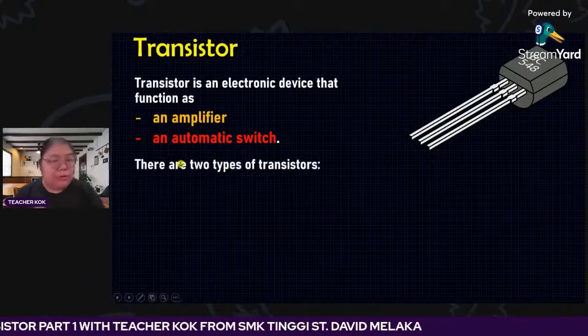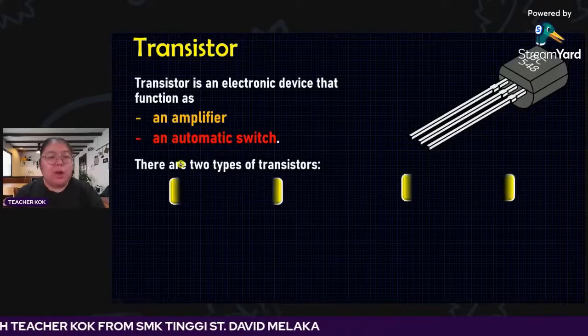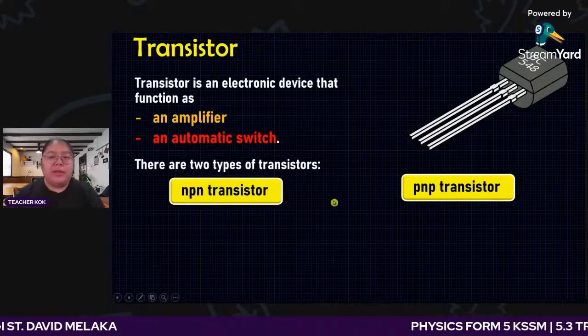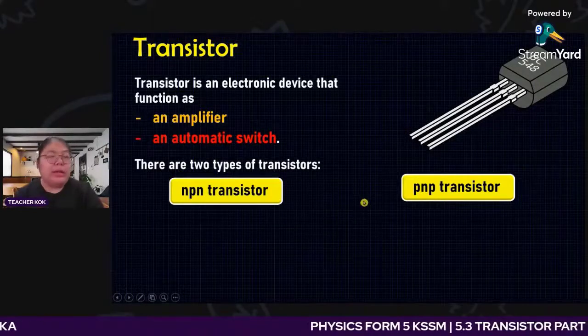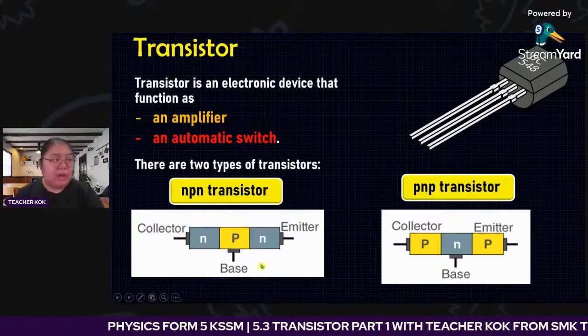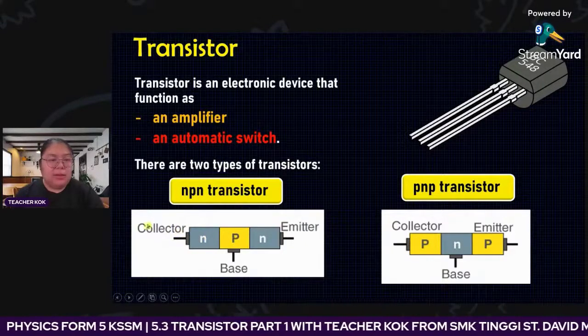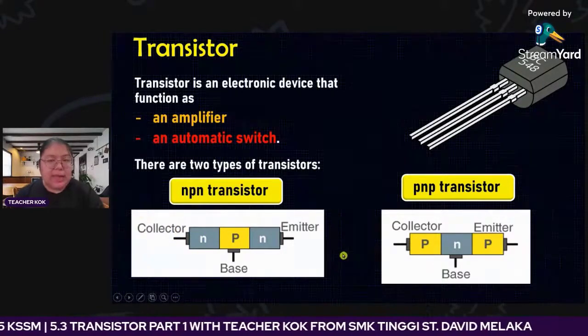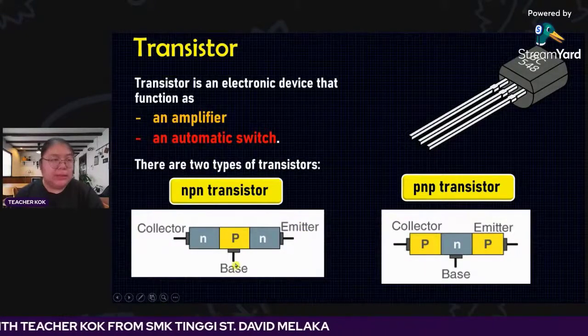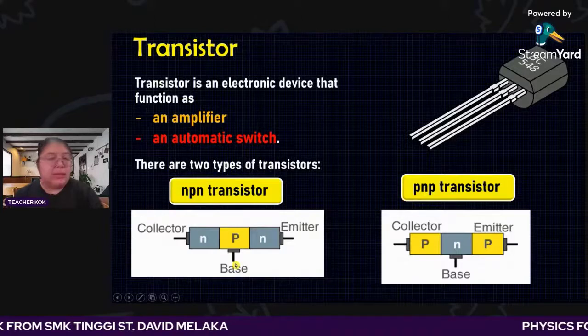There are two types of transistor. The first one we call NPN. The other one is PNP. Now we see the structure first. For NPN, one side is the collector, another side is the emitter, and the base must be in the middle.